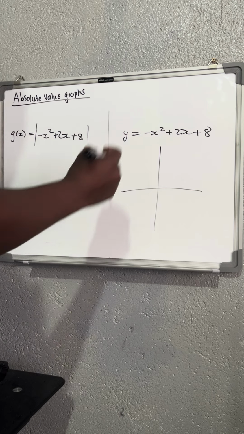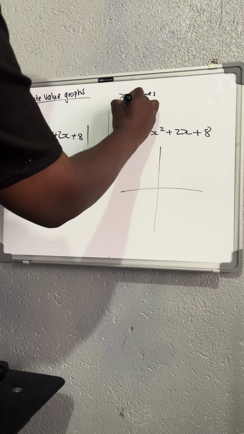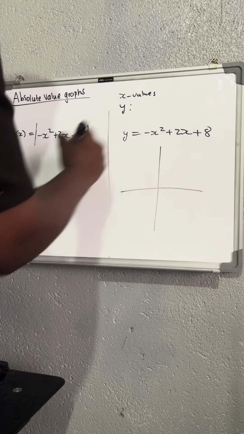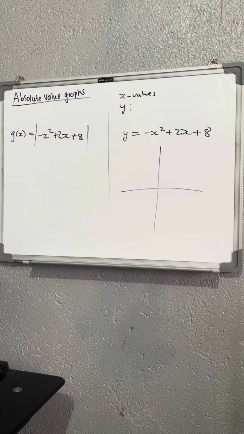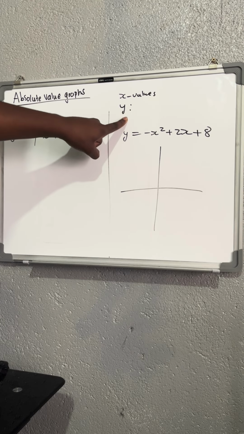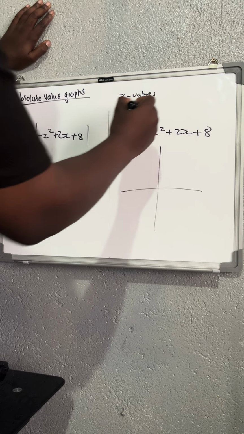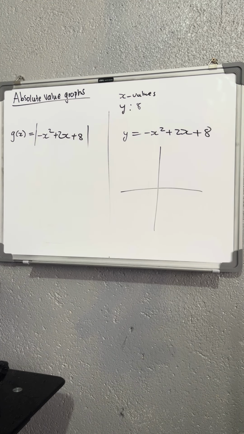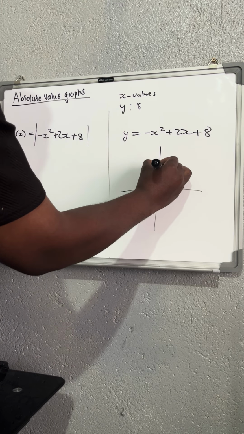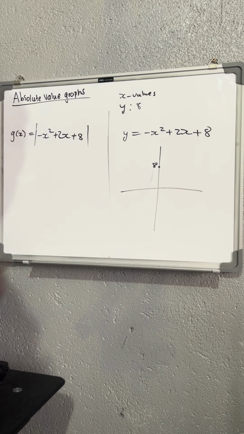You look out for your x values and you look out for your y value. For the y value, if you're looking for y values, you let x be equal to 0. If you put 0 here and 0 here, you're going to be left with your 8. So now I can go and mark that 8 here already.